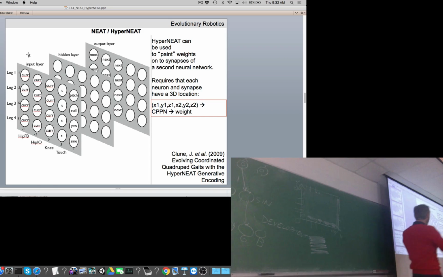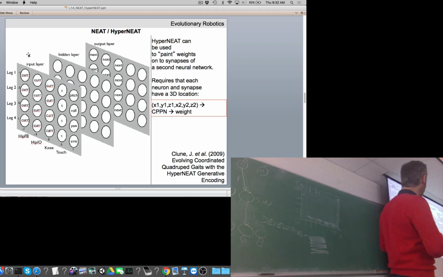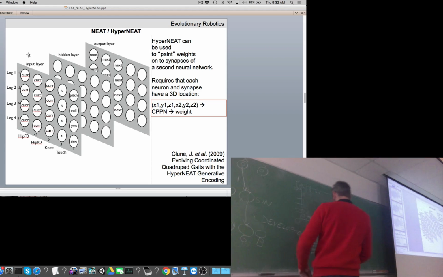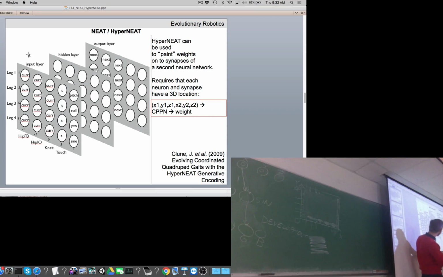Okay. So next question we've got to ask is, if we want HyperNEAT to paint synaptic weights into this network, what's the input layer for our CPPNs? We could, for example, create 3 input neurons, X, Y, and Z. We could then create every synapse.